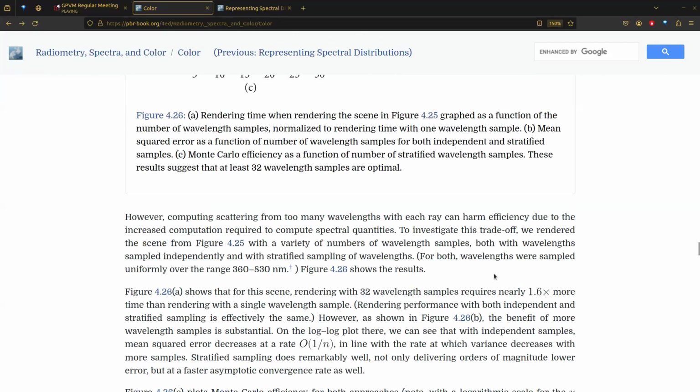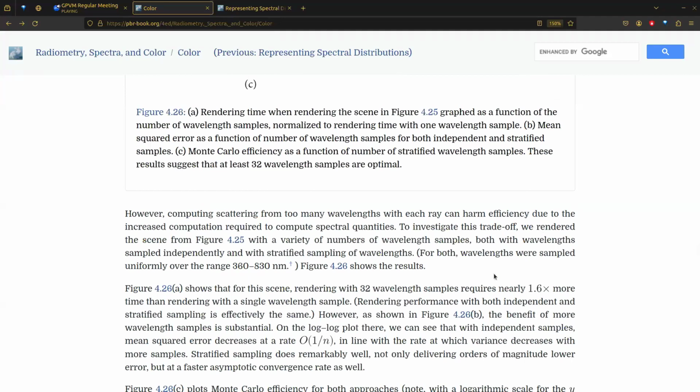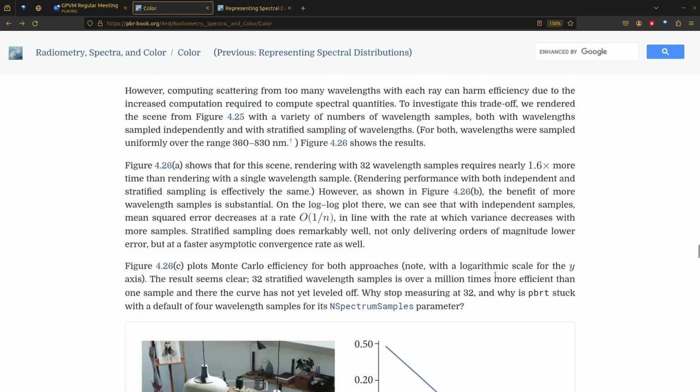Computing scattering functions from too many wavelengths with each ray can harm efficiency due to the increased computation required to compute spectral quantities. So if that gets too wide, you have to sample a whole bunch of different wavelengths.